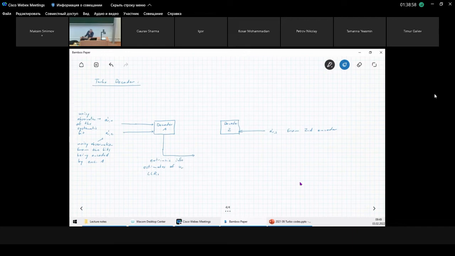But now we need to consider your point. Here we process the bits in the interleaved order.